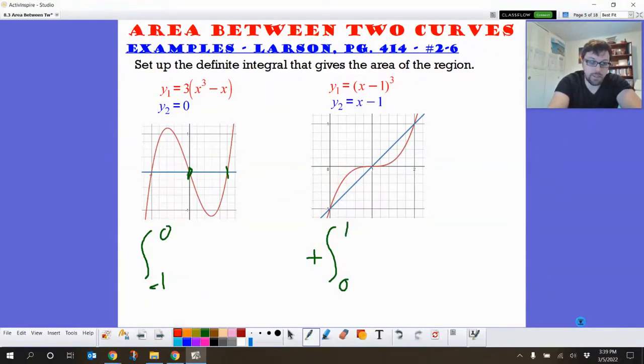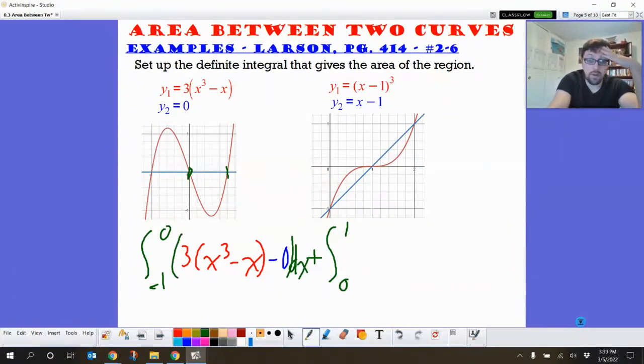On the first integral, in this area right here, our top function is that 3x cubed minus x, minus our bottom function, which is 0. So minus our 0. And that's all being found the antiderivative with respect to x.